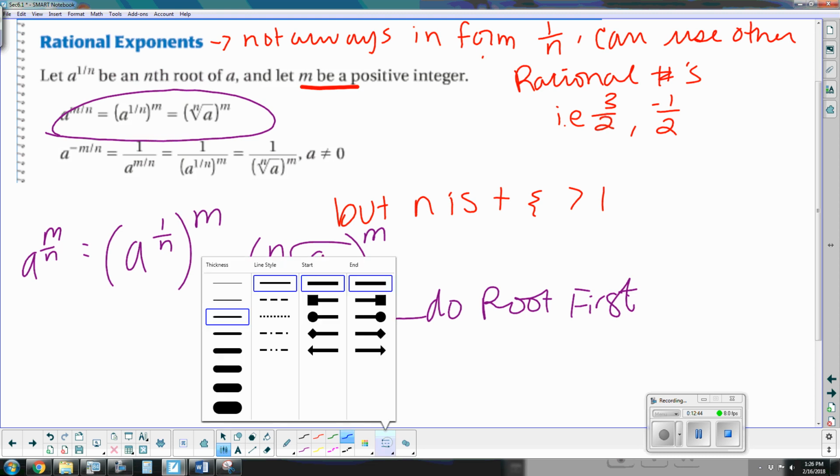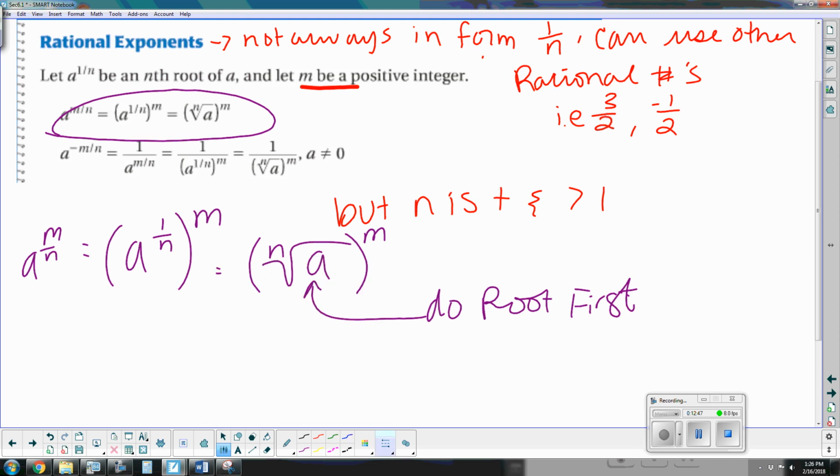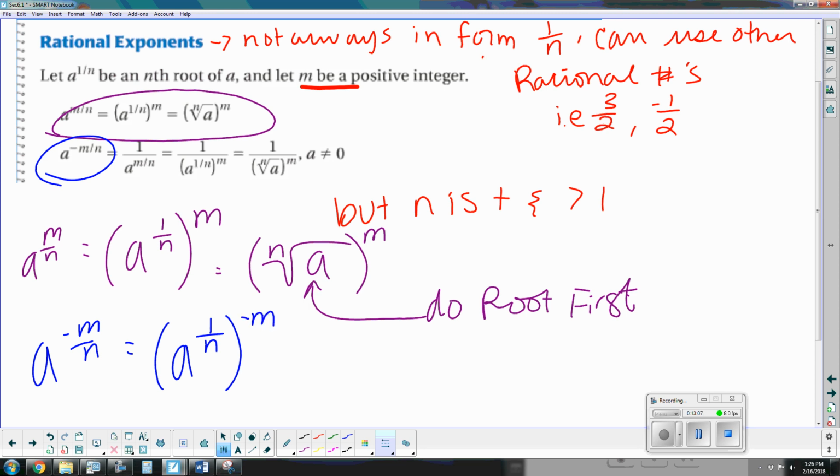Now let's look at the second example. a to the negative m over n. That's the same as saying, because our n is positive and greater than 0, a to the 1 over n to the negative m power. Again, remember your rules of exponents.